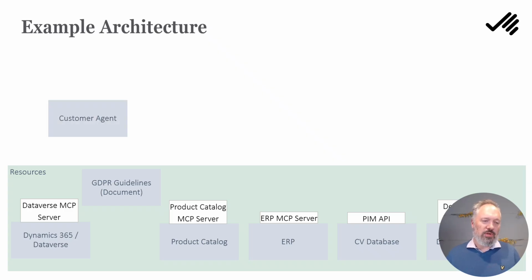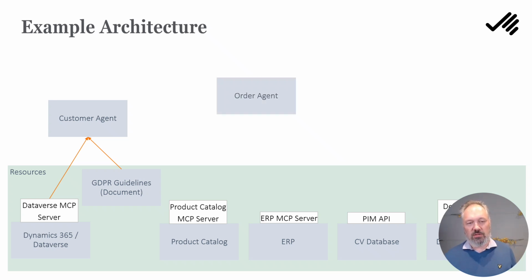So if we have, for instance, a customer agent, we would start linking the relevant parts into that. In this case, it would be the GDPR guidelines and also the Dataverse MCP, where you can get the customer information. Then we would have an order agent, which would typically sell products, and we have a product agent that communicates with the order agent using a protocol called agent to agent, defined by Google.